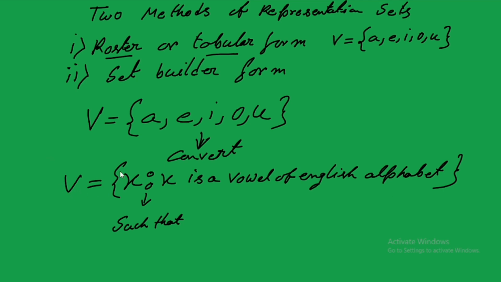So this is a roster form. First one is roster form, how we write this: B is equal to, in these curly braces, A, E, I, O, U, and we convert it in set builder form.